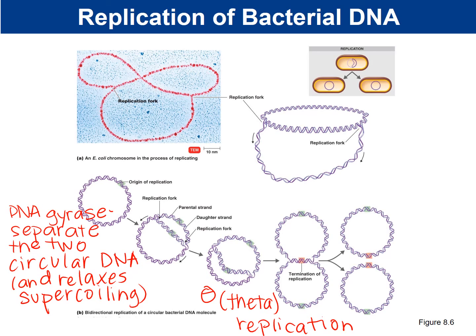And so DNA gyrase is an enzyme that bacteria use to replicate their chromosomes that eukaryotic cells do not require, because eukaryotic cells do not have circular DNA like bacteria do.